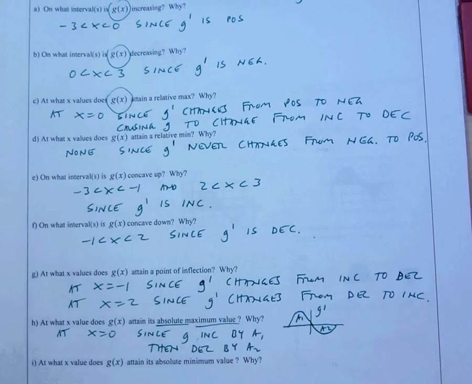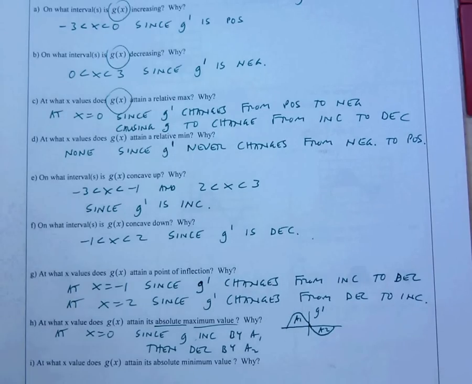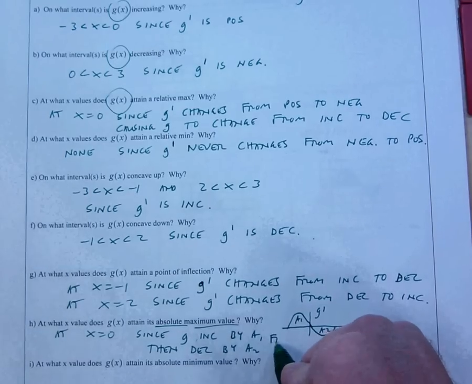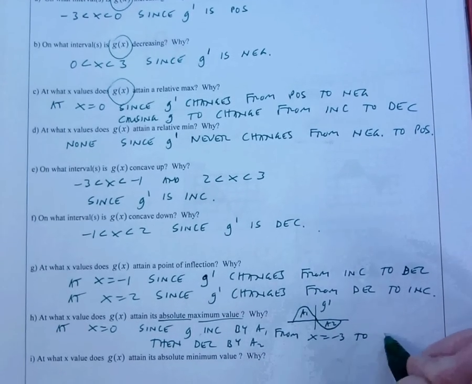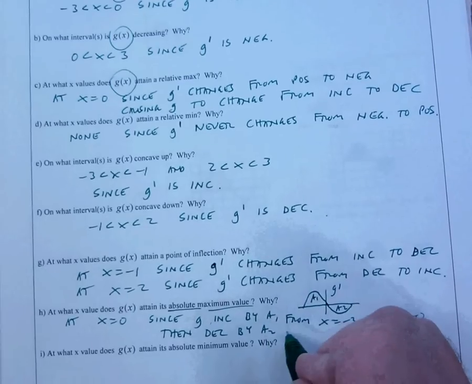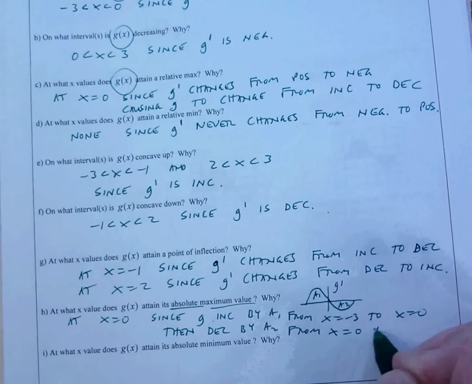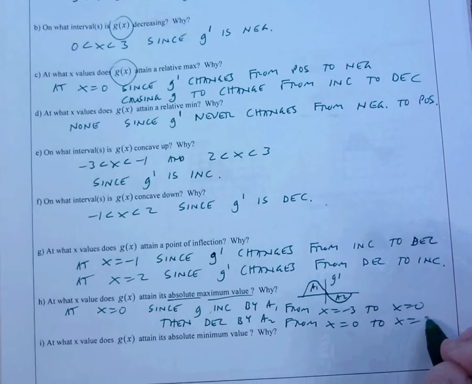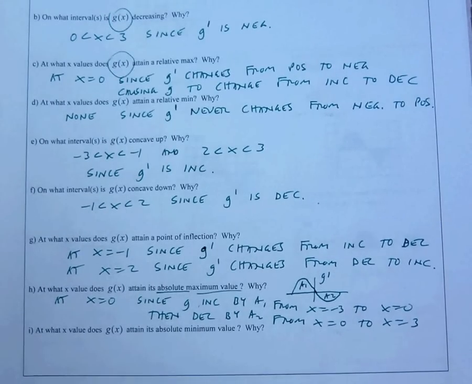Right? Yes? So if G goes up from -3 to 0, and then decreases from 0 to 3, doesn't that prove that the absolute maximum on G would occur at x equals 0? Agreed? Okay.